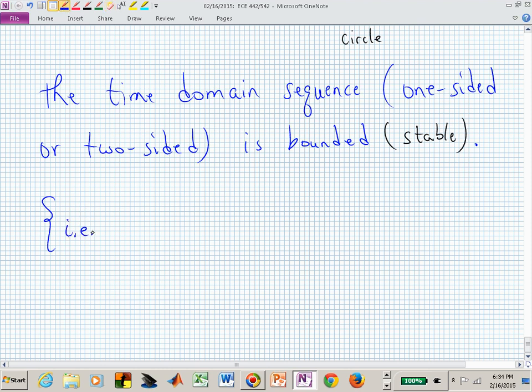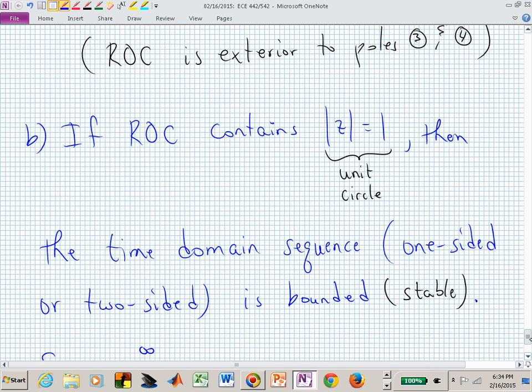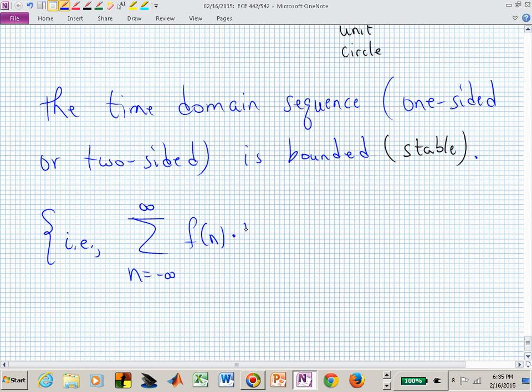or another way of thinking of that, if we were looking at this sum, we could, if the region of convergence contains the unit circle, then we know that z equal to 1 is a value of z that's on the unit circle, so we can replace z with 1.